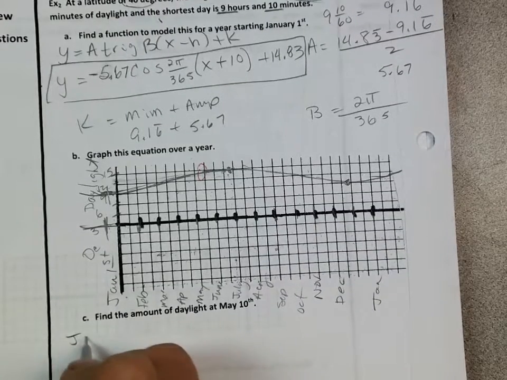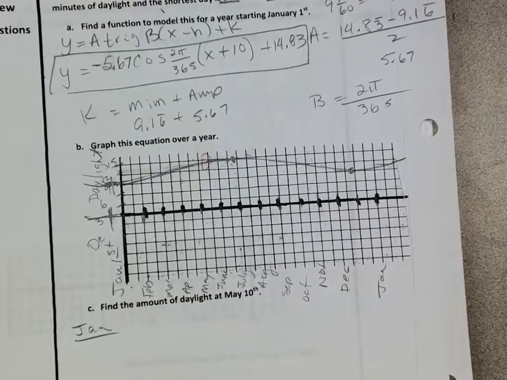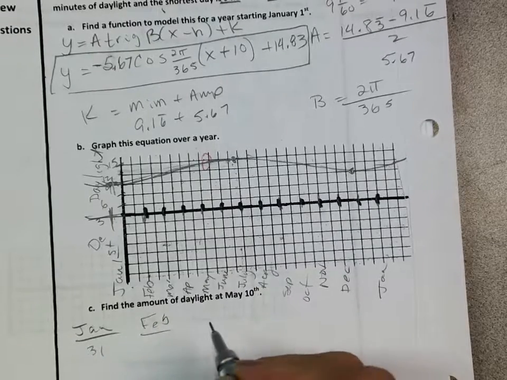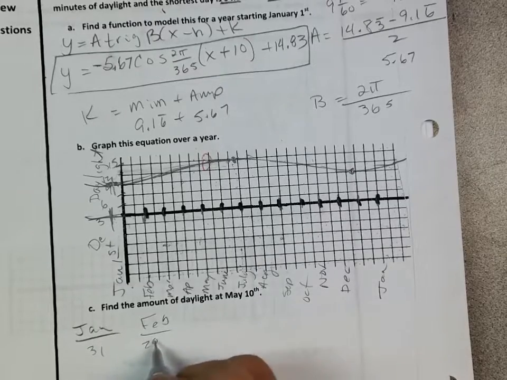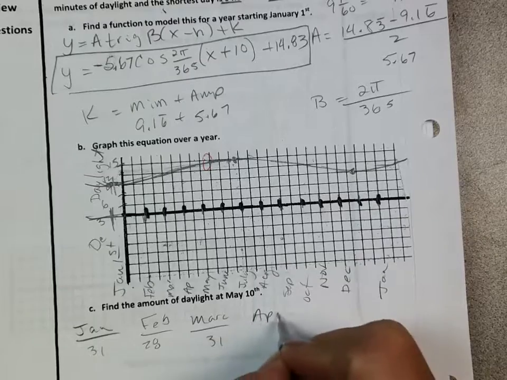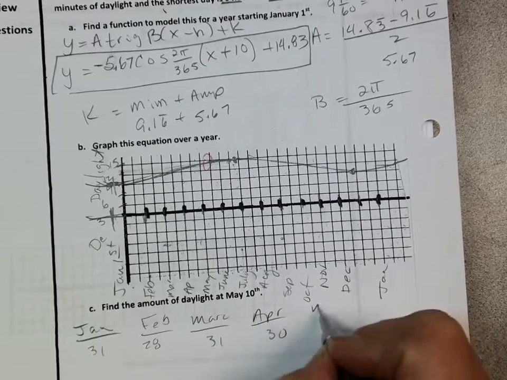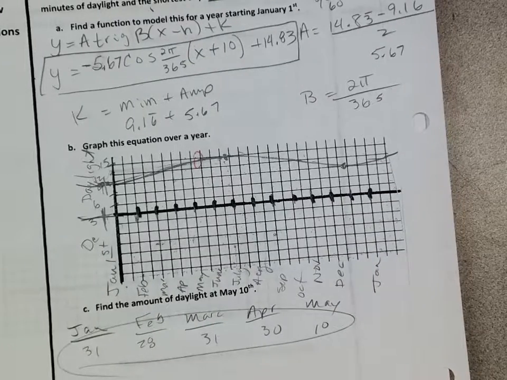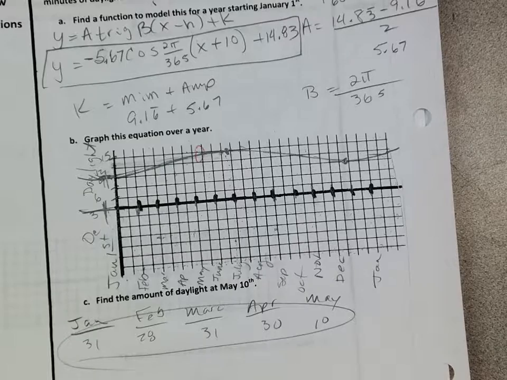From January, how many days are in January? 31. February, without a leap year, 28. Good. March, 31. April, 30. To May 10th, 10, right? So this is going to be the day that we're going to plug in.